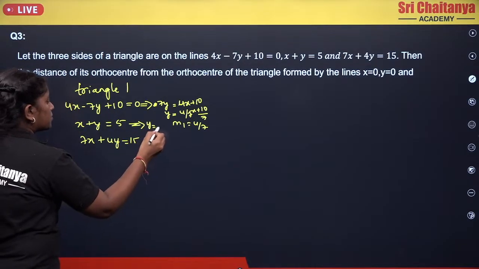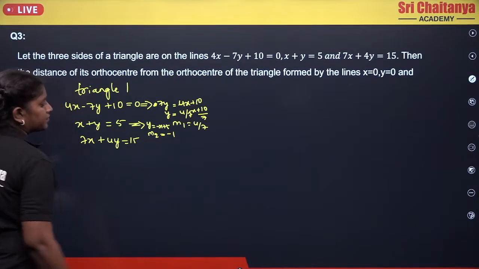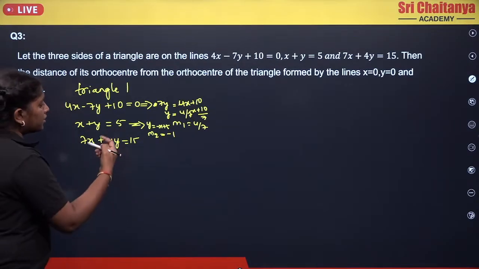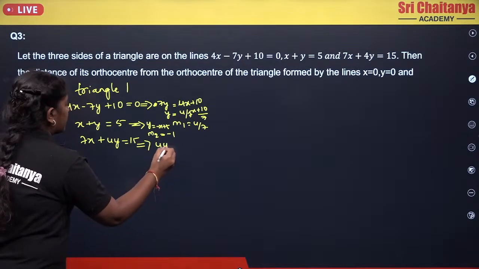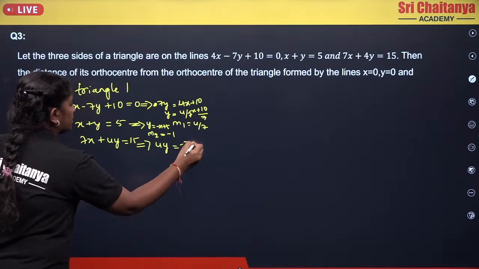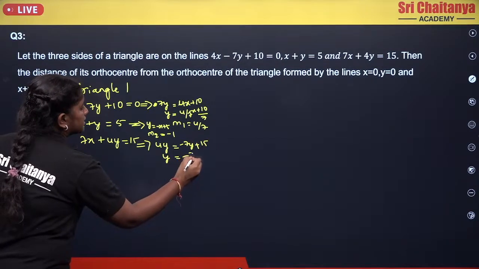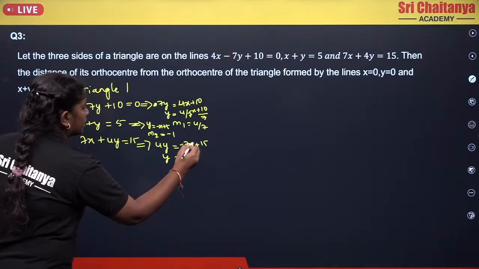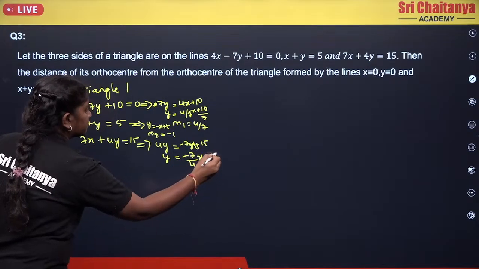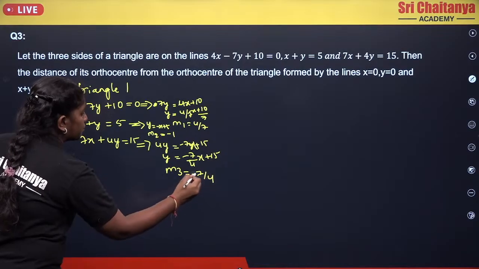So y equals minus x plus 5. So m2 will be minus 1. Understood? Now moving to the third one. So 4y equals minus 7x plus 15. Now y equals minus 7 by 4 into x plus 15 by 4. Okay, from this m3 will be minus 7 by 4.